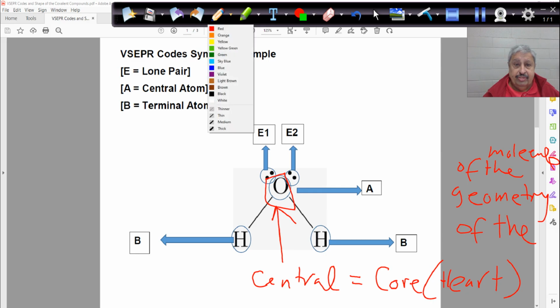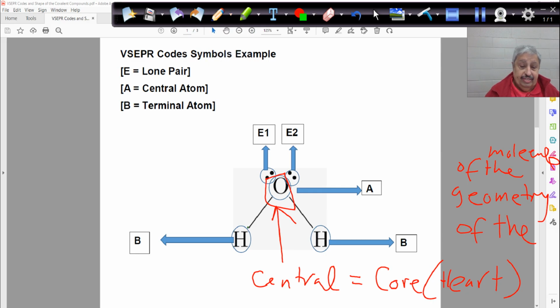So let's look at this. If the atom is terminal, at the edge, we give it a B. You can designate any letter, it's up to you, but B, regardless of whether they are identical or not.